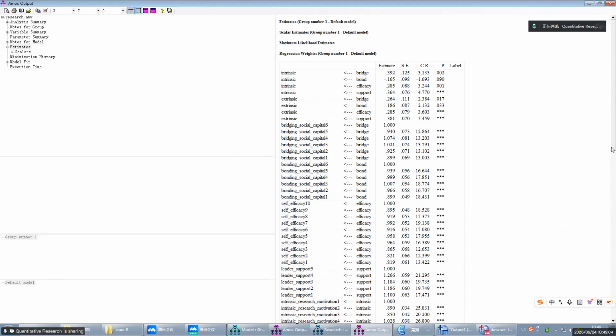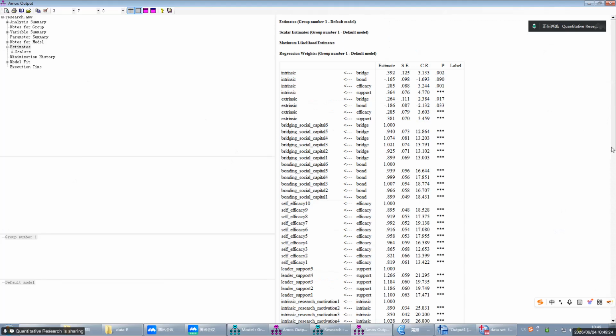Efficacy significant, right? Support significant, right? Yeah. And for extrinsic motivation, bridge significant, right? Bound significant, right? Yeah.